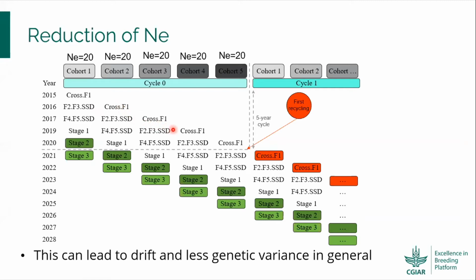So what happens in regular programs is that you have actually multiple cohorts moving across in your program. So even though in the crossing block you may have a certain effective population size, the effective population size of the program is actually much higher, depending on how many cohorts you actually have in your program.